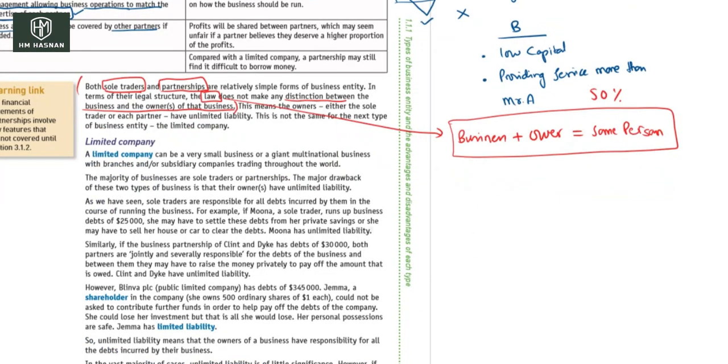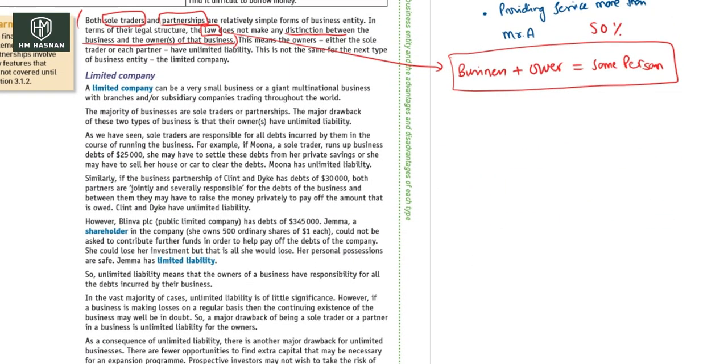Here is the limited liability. What does limited liability mean? The word indicates the entire story. Limited company means liability is limited.